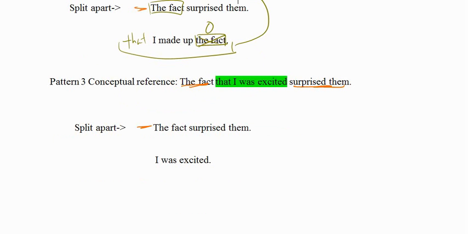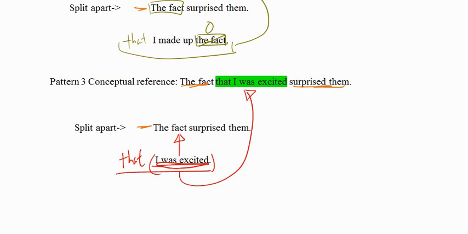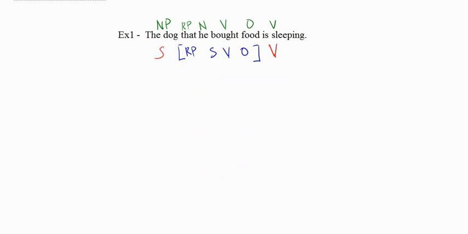In the third example, the conceptual reference, the original sentence doesn't have any words that match up, but the whole idea refers back to the noun, and so all you do is you plug in your relative pronoun, and this whole phrase now attaches to describe that original noun.